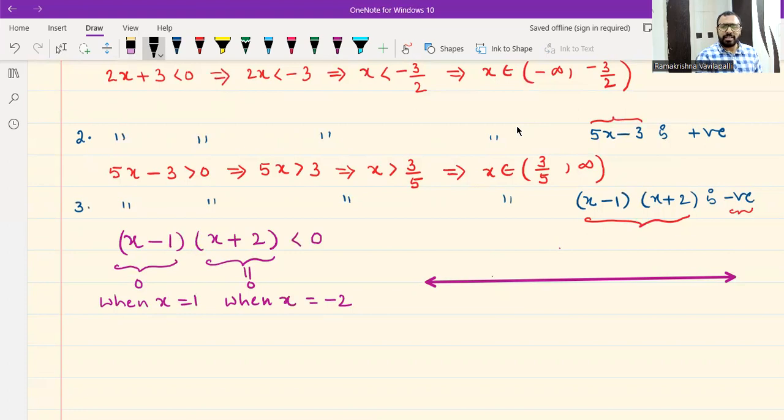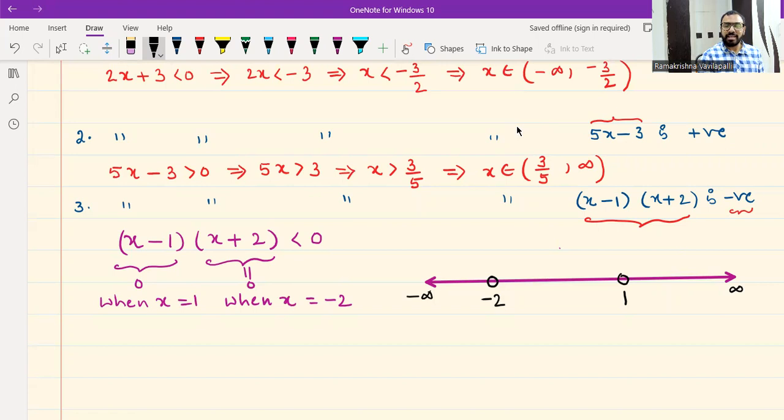So here minus 2 and here 1. Okay. Now see, the left side is minus infinity, the right side is plus infinity. You take any number more than 1, any number to the right side of 1.